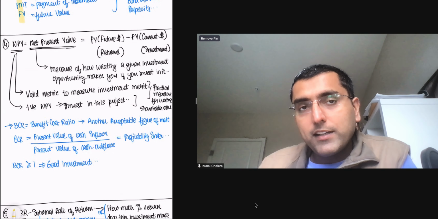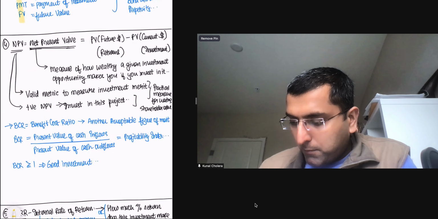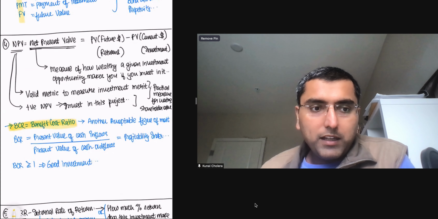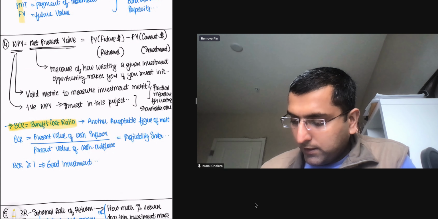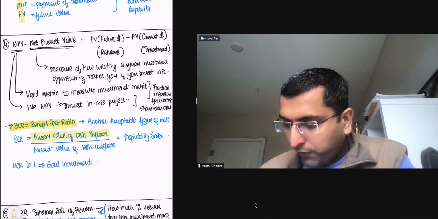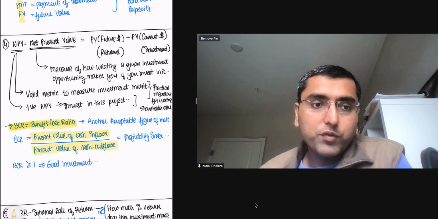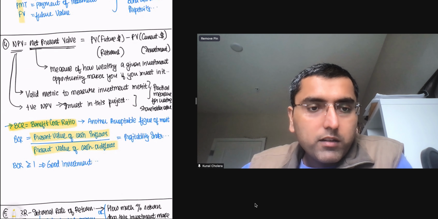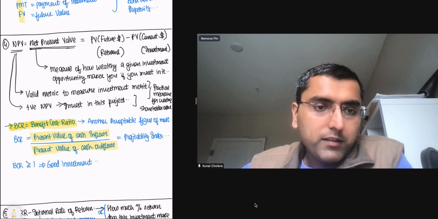The other metric is BCR, benefit to cost ratio. It's an acceptable metric as well. The formula is present value of cash inflows over present value of cash outflows. A BCR greater than 1 is a good investment, right?